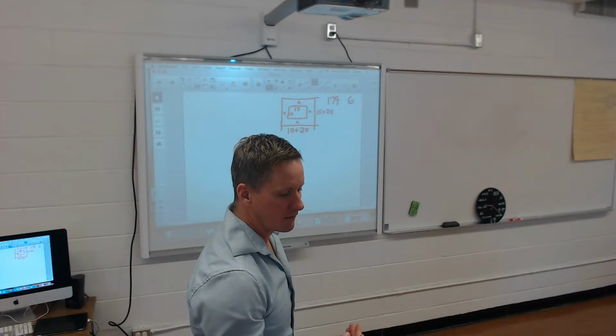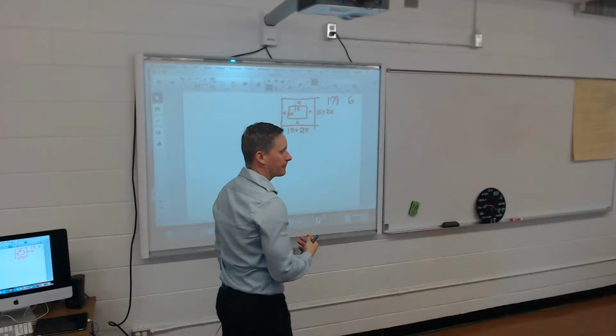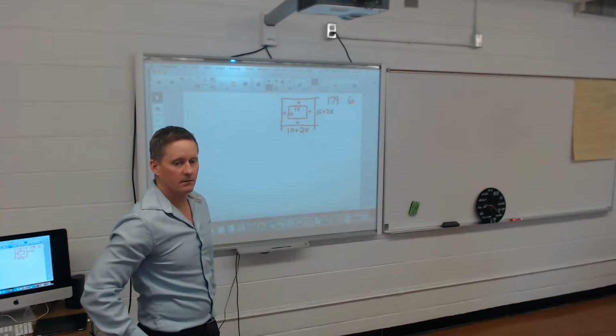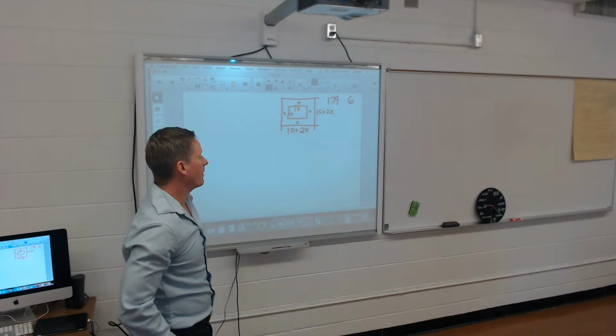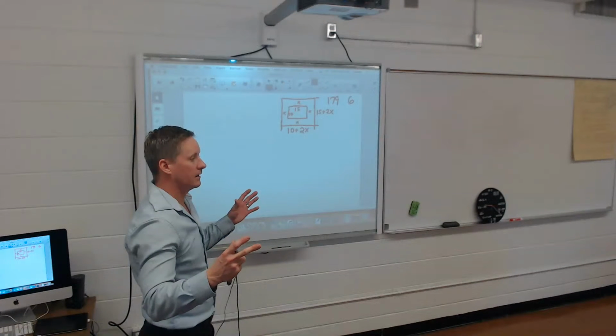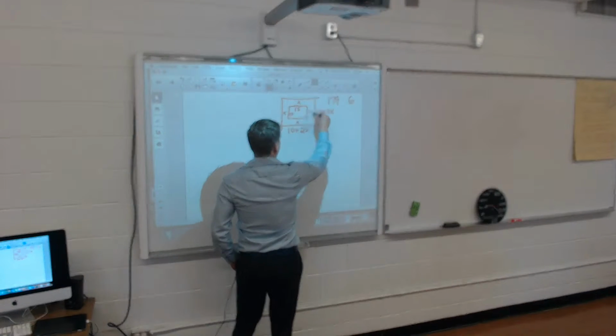Just in words, how would I find the area of that mat? That would give me the outside area, but the actual mat is this X area here.